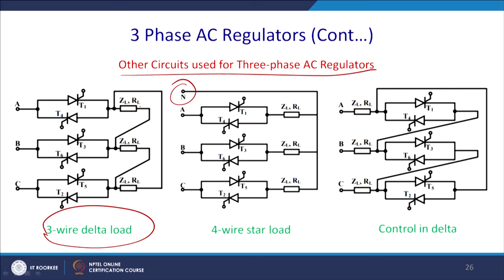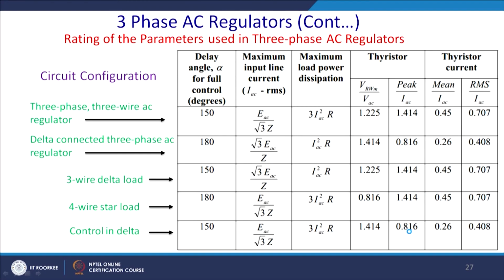So, this is basically a 3-phase 4-wire or star connected system with neutral, and you may have a control delta. Your basic difference is that this point is actually connected at this point. So, these are the 2-3 configurations that have to be considered. So, let us see in a comparison table.